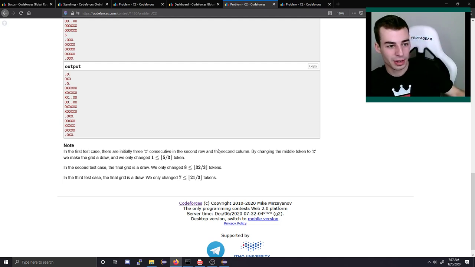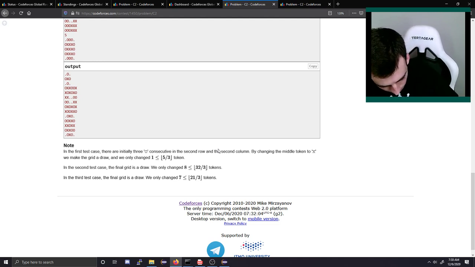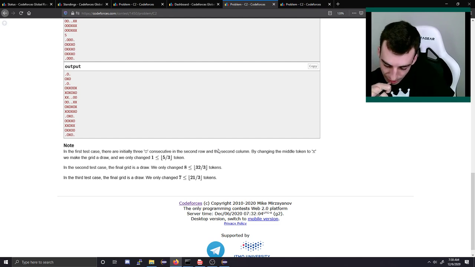This seems like turn it into a graph and then 2-color it or something. Oh, what if we 3-color the graph? Well, it's a problem because we only have 2 colors, right?